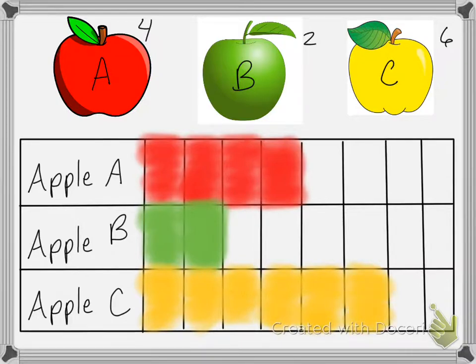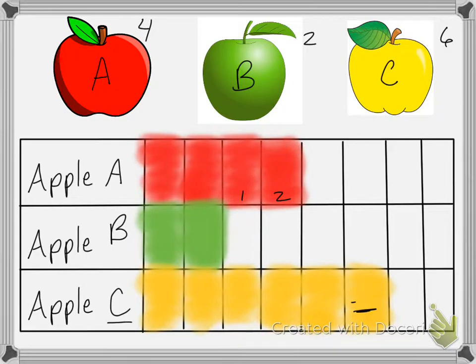So which apple did everyone like the best? Well, you can see from my chart that most of the students liked apple C the best because more people said they liked it. How many more children chose apple A than apple B? Well, if you look, there are 2 more boxes filled.